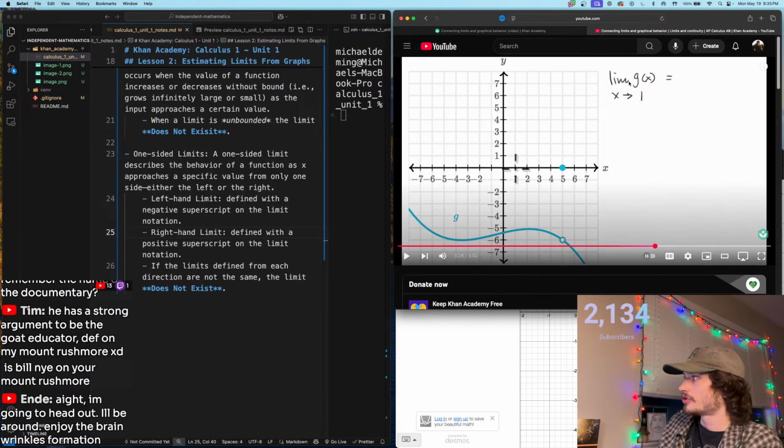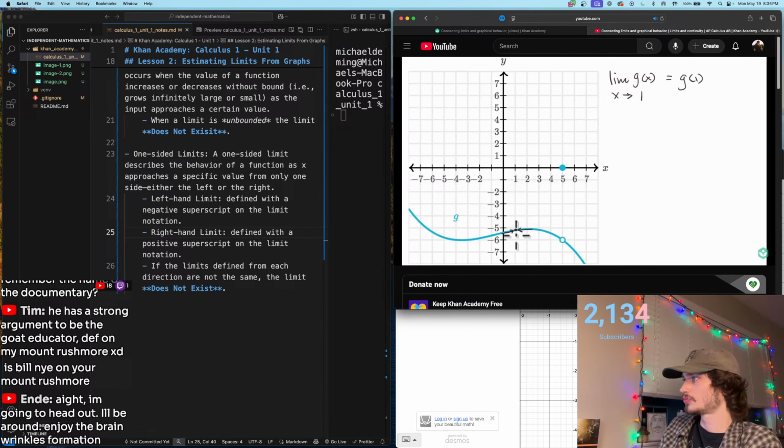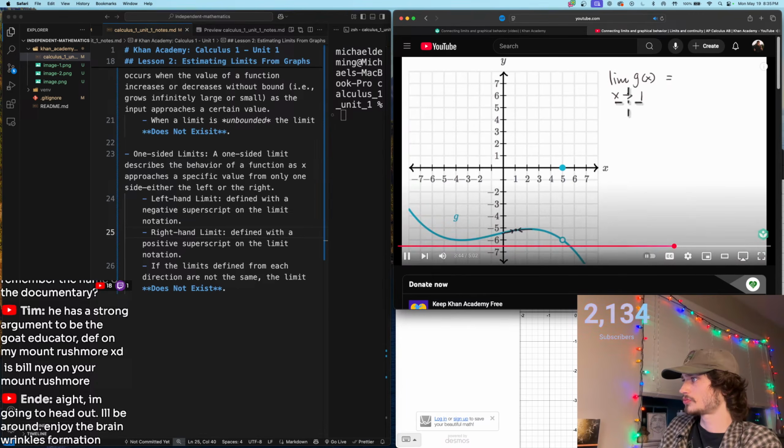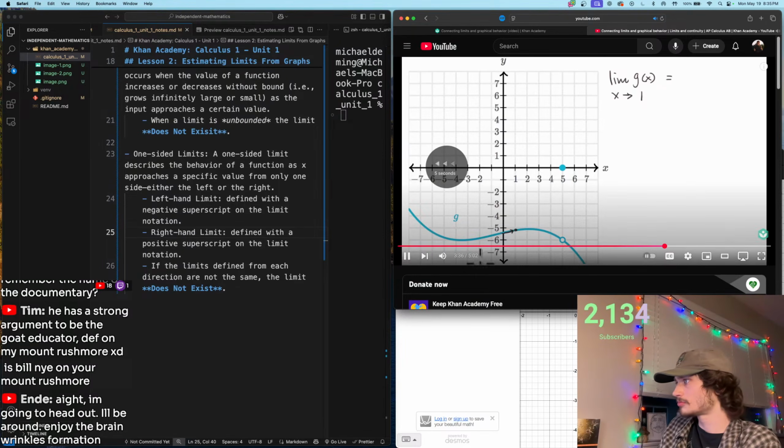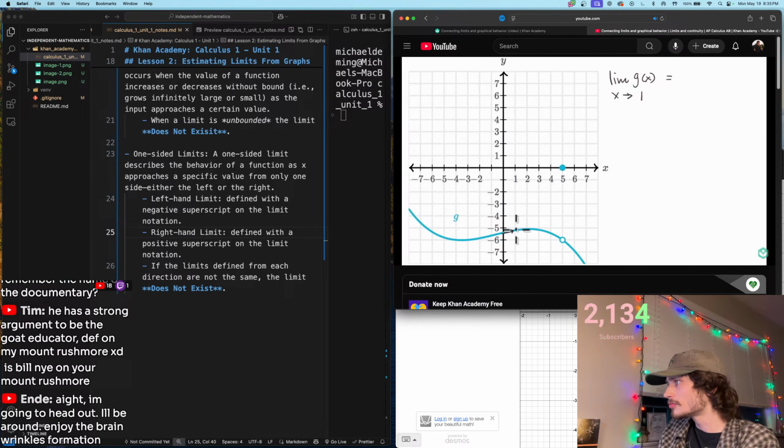Let's see. So the limit of g of x as x approaches 1 would converge on this point down here. As x approaches 1 from the left-hand side, it looks like we are approaching this value here.